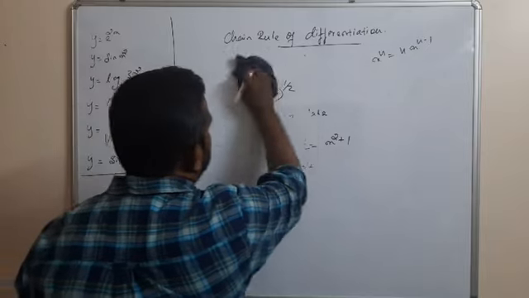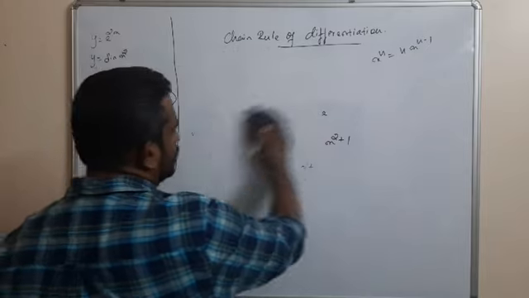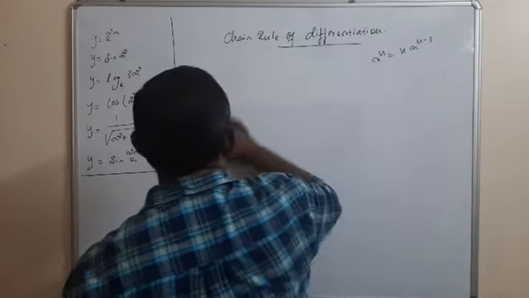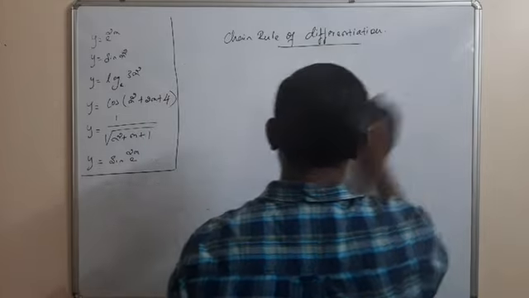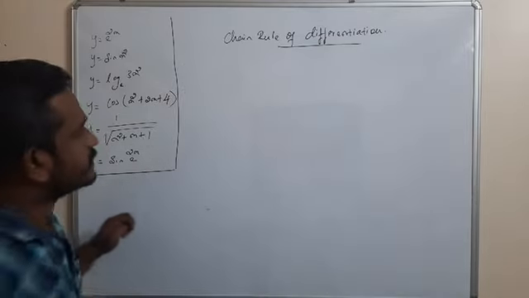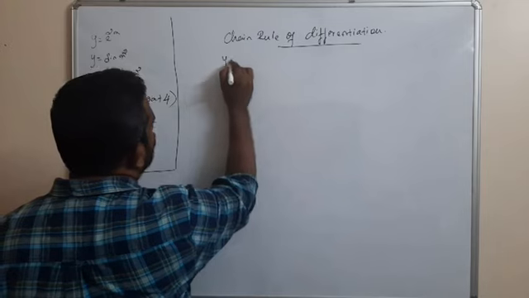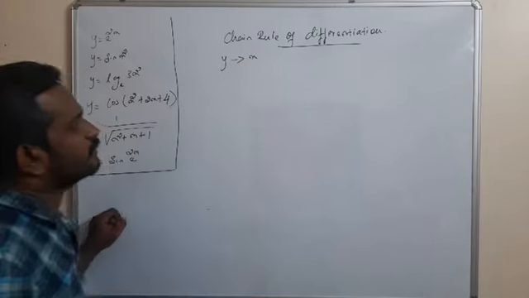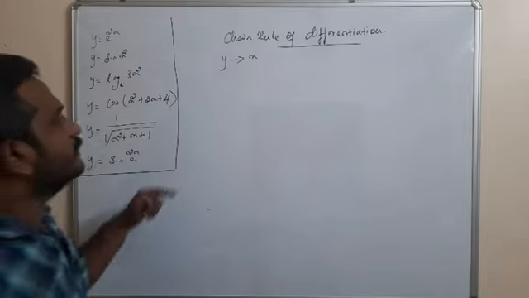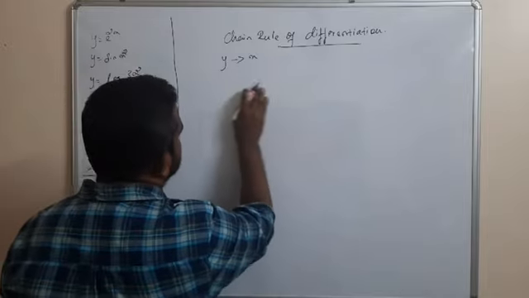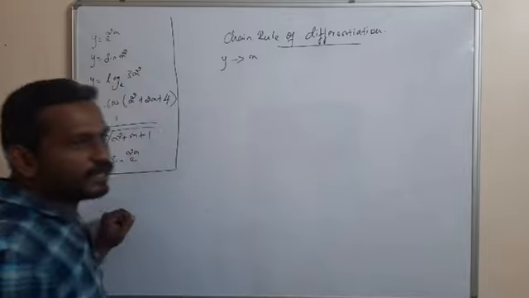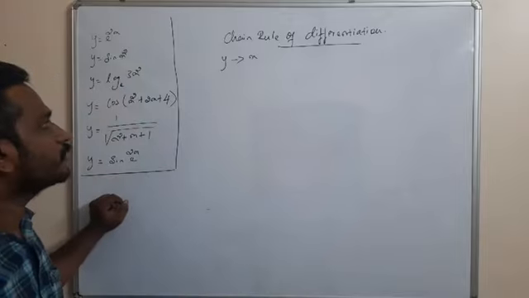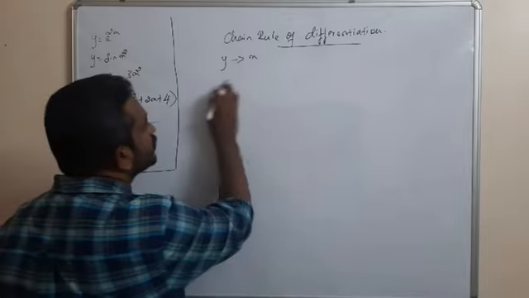Suppose y is a function of x, like that. That is the definition. Suppose y is a function of x, which in turn is a function of t.